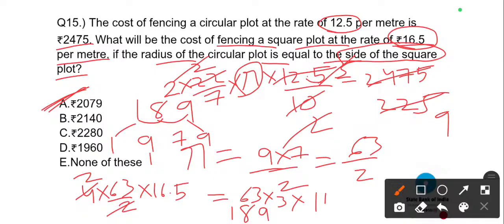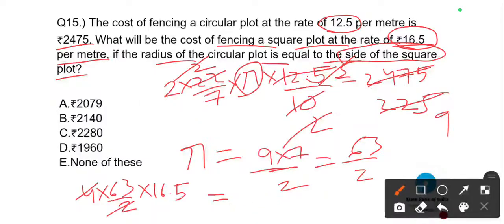Is this okay? Have you understood the question? Did you get the answer? Did everyone get the answer? Option A, okay. Is it understandable what I am explaining?